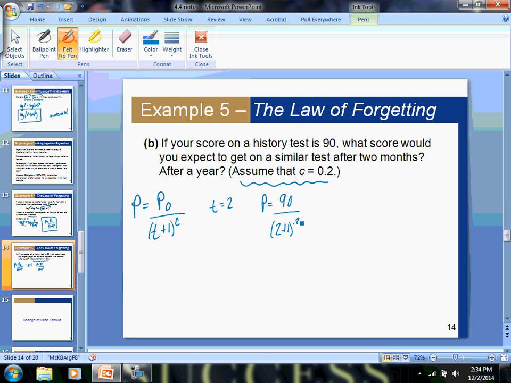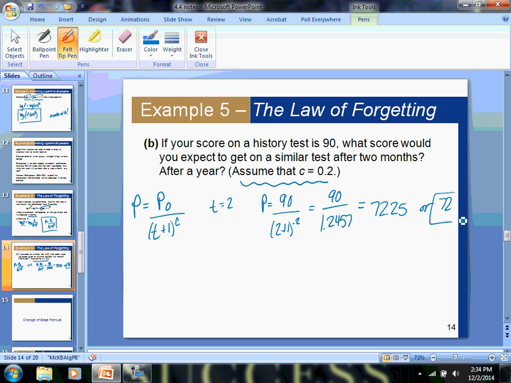So if you evaluate the denominator, 2 plus 1 is 3 to the 0.2. We're going to get a decimal for that, 1.2457. And then when you divide 90 by that, you should get 72.25 or 72, let's say. So after 2 months, if you got an A on the test the first time, after 2 months, if you don't use that math stuff anymore, you end up with a C minus.